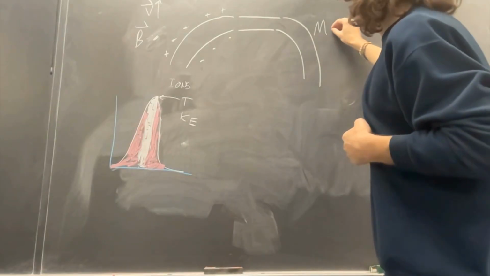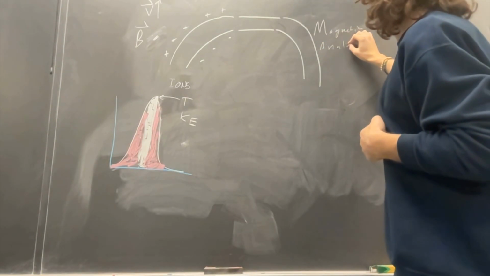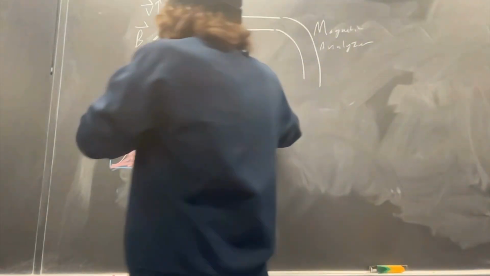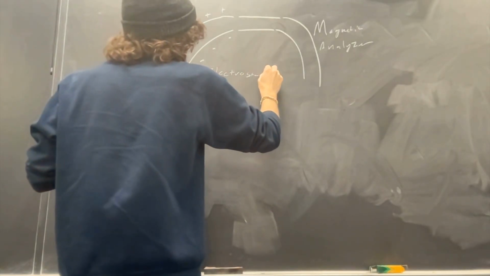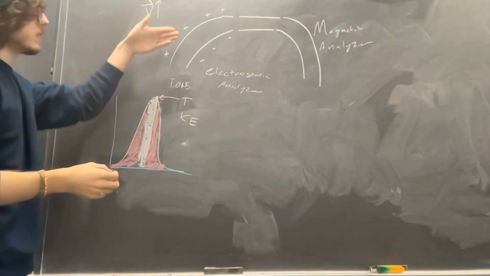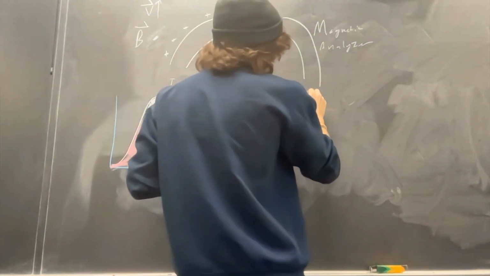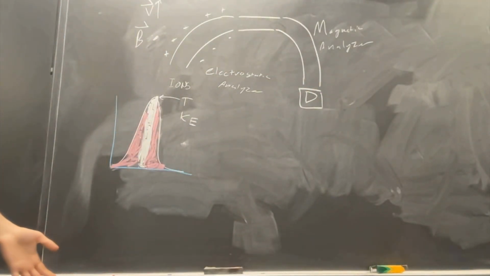So we have a magnetic analyzer, and then we have this electrostatic analyzer. Hopefully you can see the 2 compartments, and then we're going to place our detector down here.